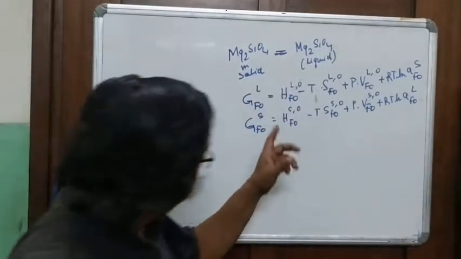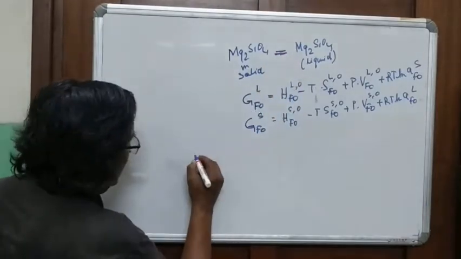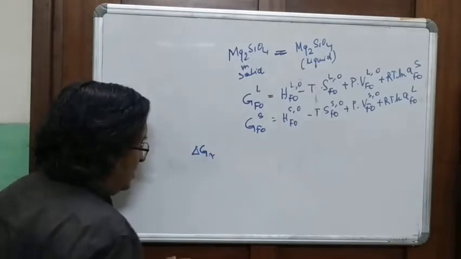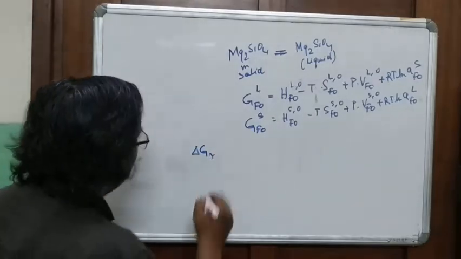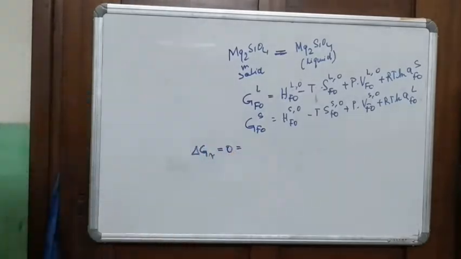Now, if we take the equilibrium, then delta G of the reaction will be equal to 0, because that is what I showed you.